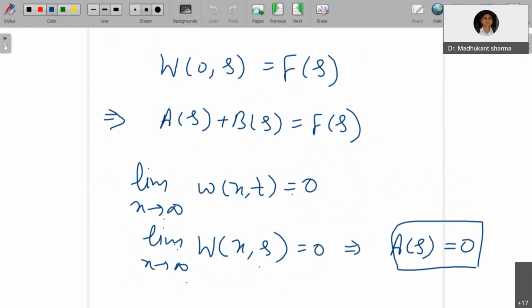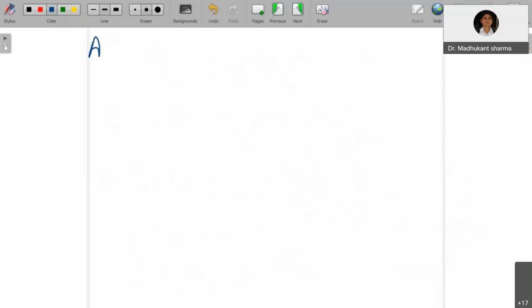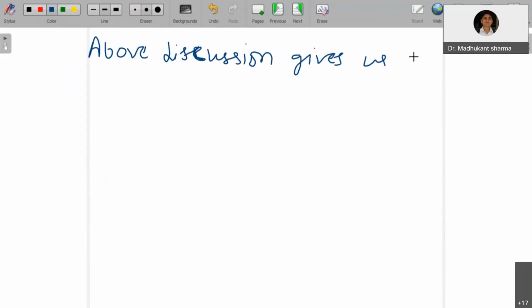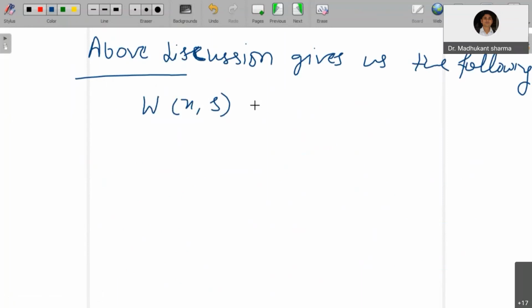So what will be the solution now? Finally, this above discussion gives us the following. So first, w of x comma s is equal to a of s times e to the power sx by c plus b of s times e to the power minus sx by c.